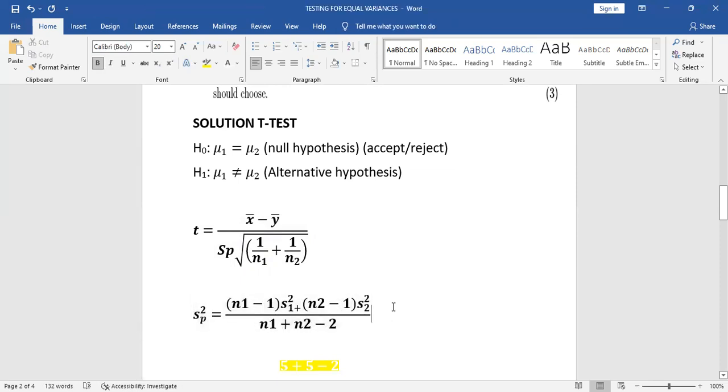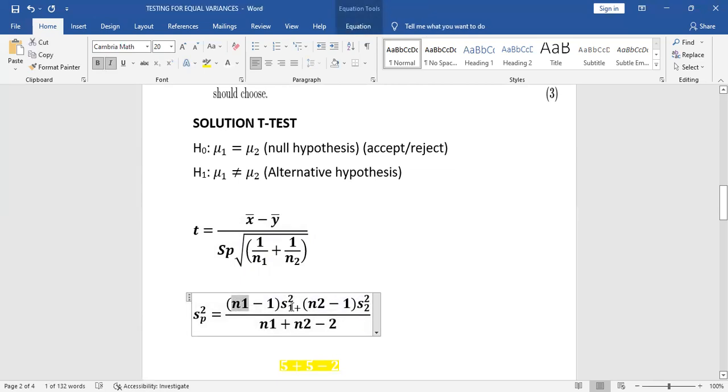We begin by calculating the pooled variance using this formula, where N1 is sample size 1, and S1 squared, the standard deviation 1 squared, is the variance 1.